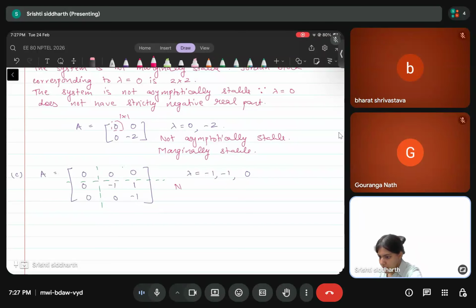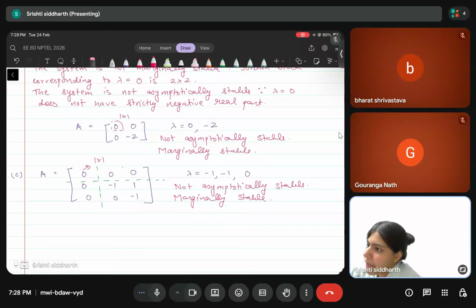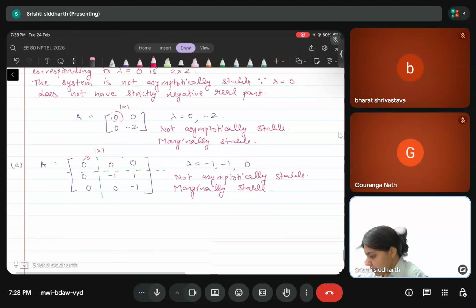This is not asymptotically stable. But this is marginally stable, because we have -1 with the negative real part, and this is dimension 1 by 1. So if this is clear, let's move on to the next question.